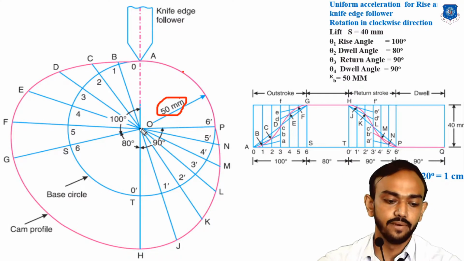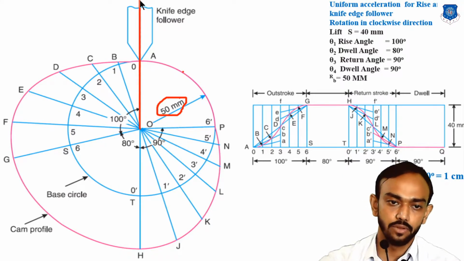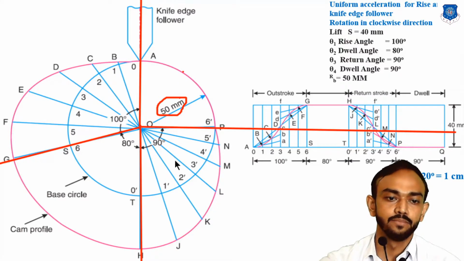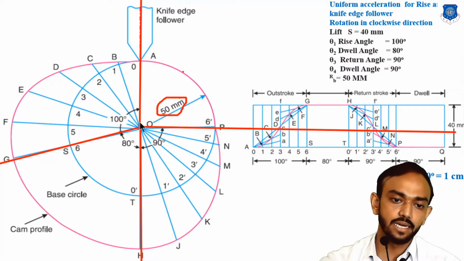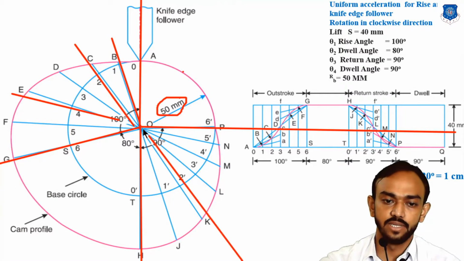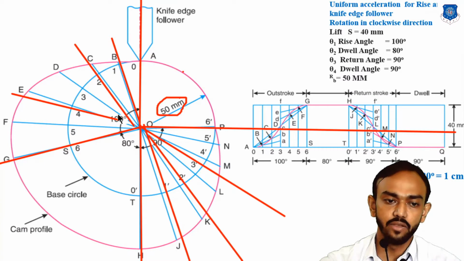After that, divide this circle into 4 parts and make one circular center line here, and this center line will be the reference for all angles. The first angle will be up to this point, you can check 100. After that, this is 80, and this is 90, and 6 parts of this rise, 6 parts of this return, and give the numbers.